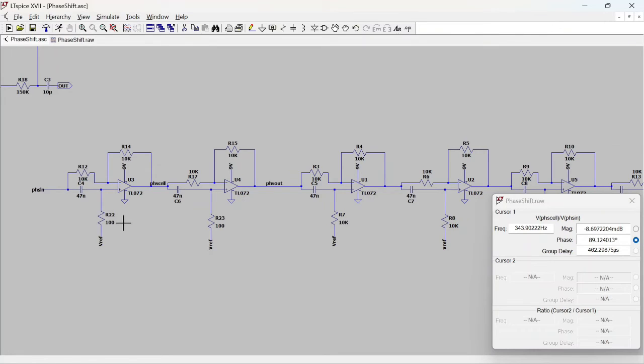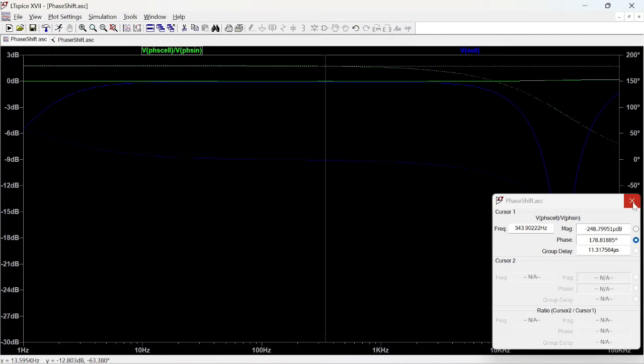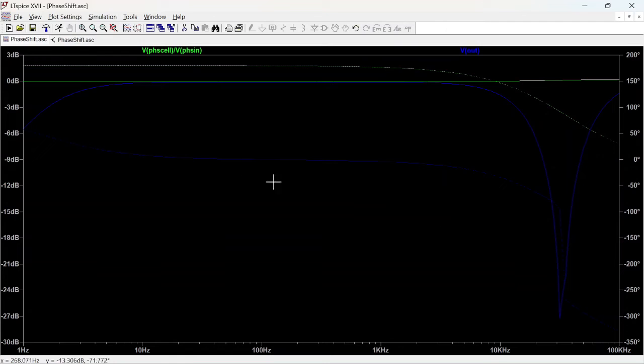It will be 100 ohms overall. The two of these resistors in parallel would give roughly around 100 ohms. So if I run it, our notch would appear somewhere else, and it appears here.